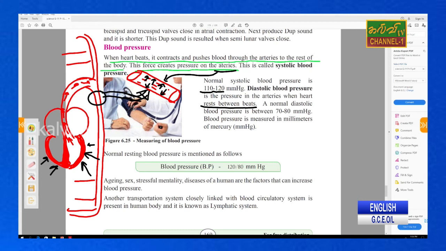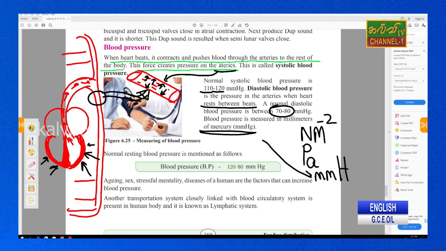A normal diastolic pressure is between 70 to 80. Blood pressure is measured in millimeters of mercury. Another unit for pressure is millimeter of mercury. We already studied Newton per meter squared as a unit of pressure. Pascal is also a unit of pressure. So another unit is millimeter of mercury.